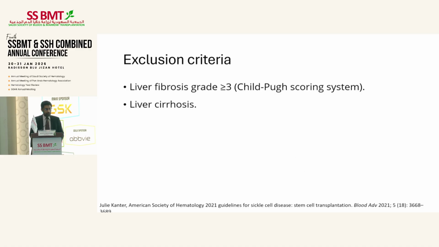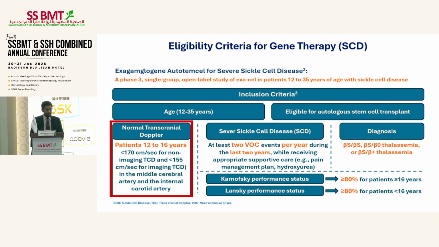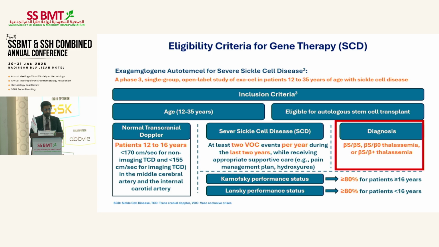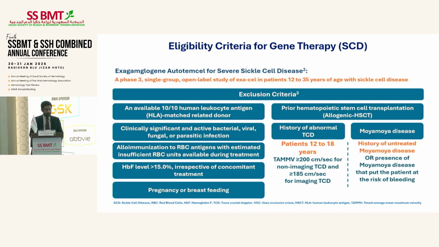So liver fibrosis. For gene therapy, the trial included patients 12 to 16 who didn't have any CNS problems or velocity less than 150 centimeters per second. They had 2 vaso-occlusive crises per year, had sickle cell disease, and had good echo status.